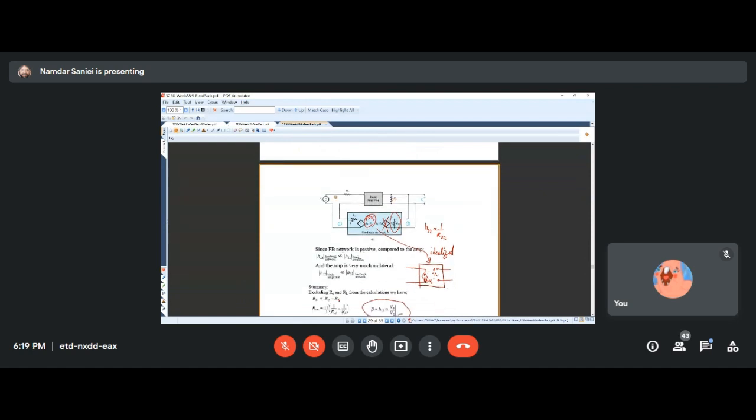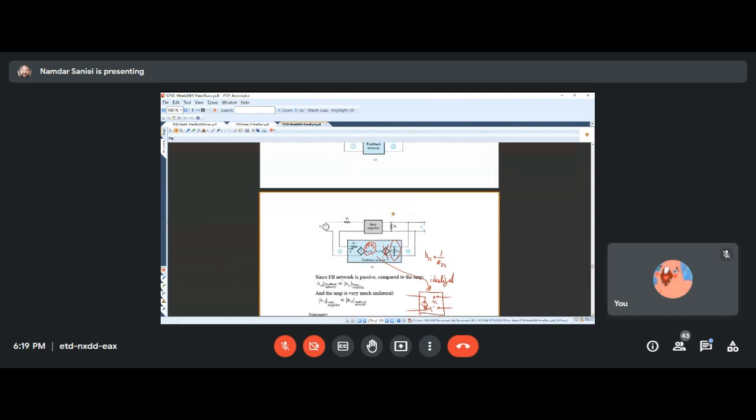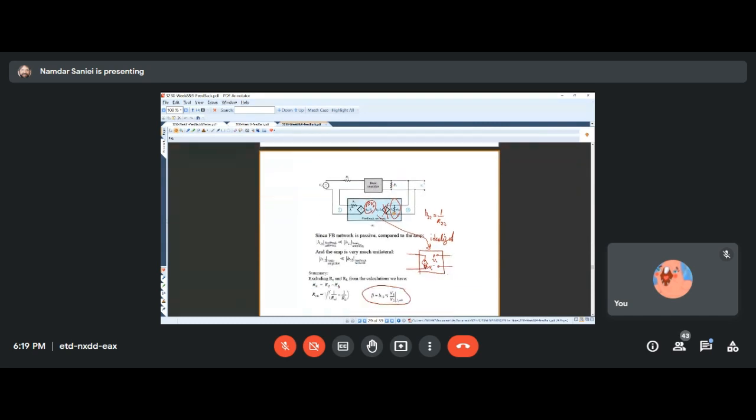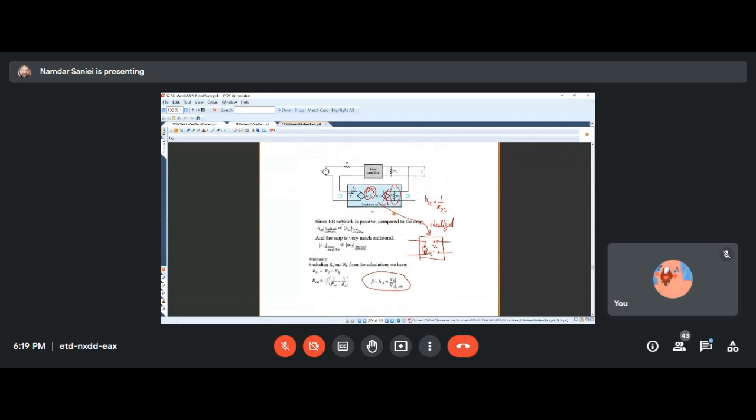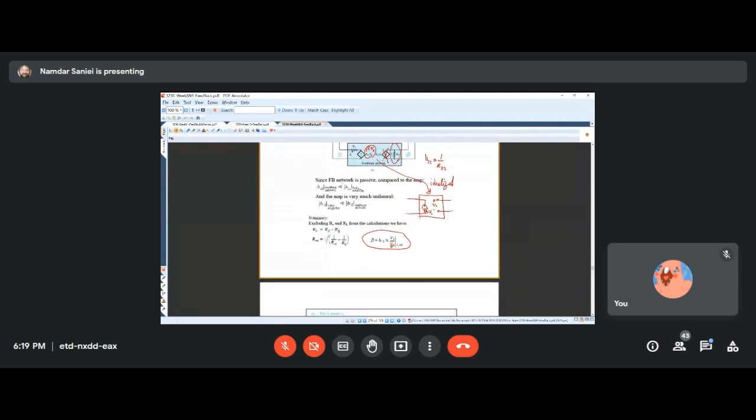Now, if we had the gain of the newly formed amplifier, then we could use the ideal situation formula that we had for the system as well.